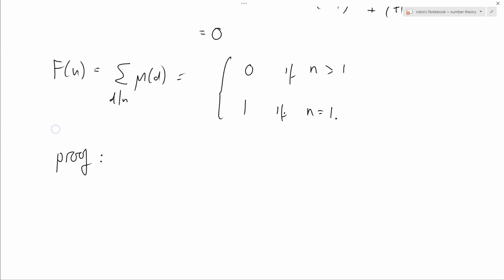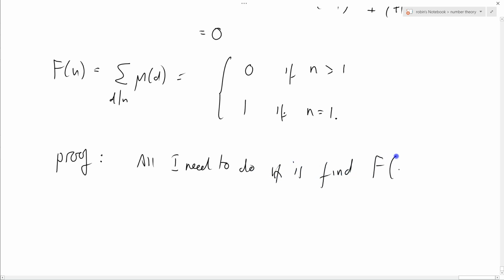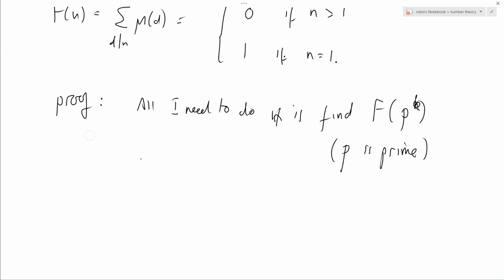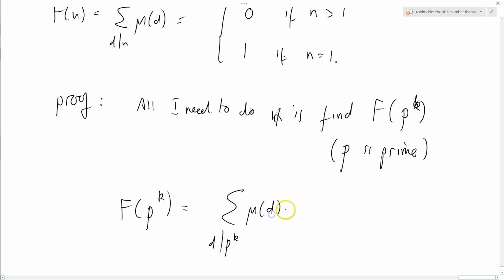Okay, well, you'll remember from the last screencast, all I need to do is figure out, find or evaluate f of p to the k, where p is prime. Okay, well, let's have a look at that. F of p to the k, and then I can work out what this capital F function is for any number just by multiplying my different prime powers together, equals the sum over d divides p to the k of mu of d.